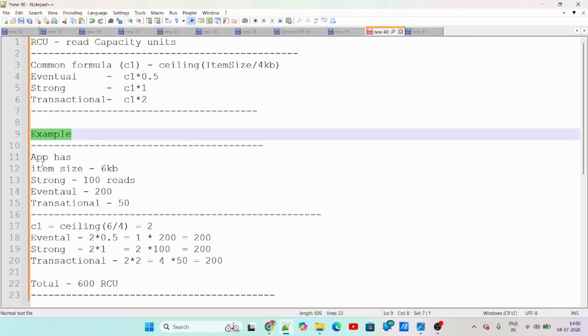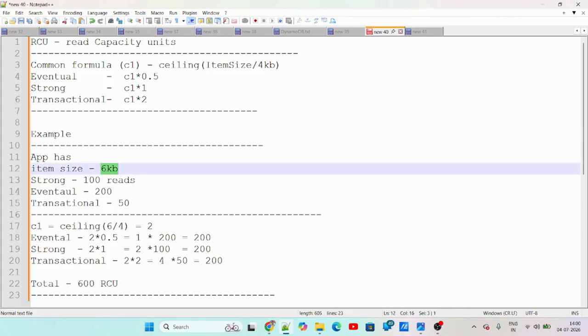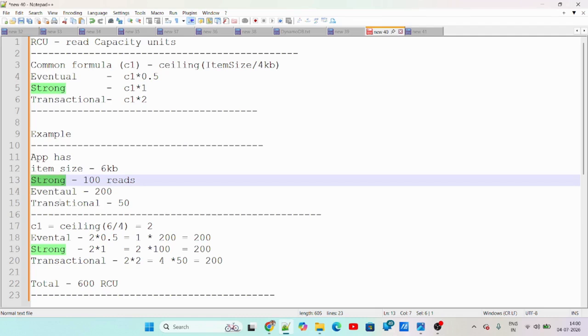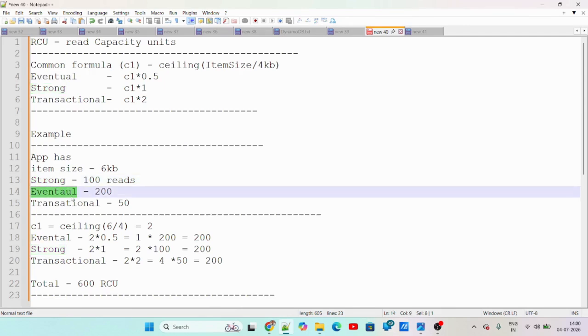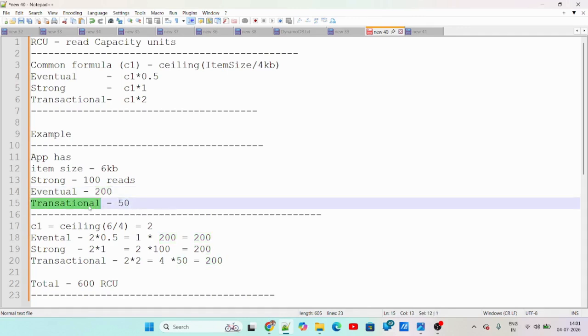So suppose there is this example now. Your application has an item size of 6 KB, and the 6 KB items will have different types of reads. Say one is 100 strong reads, then we have 200 eventual reads, and 50 transactional reads.